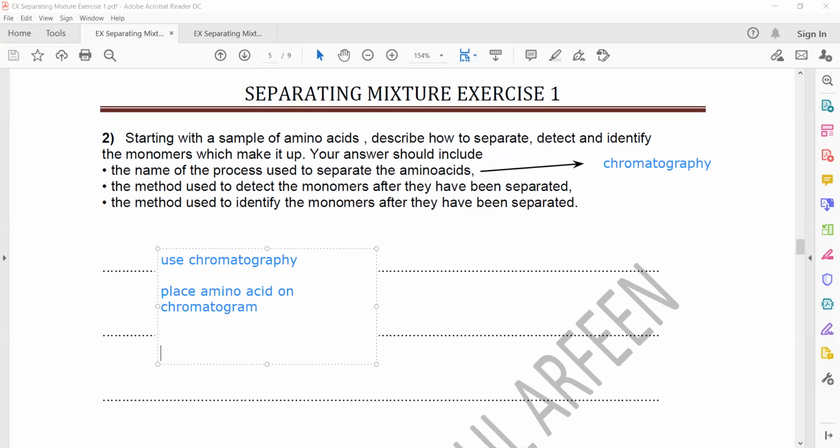Draw the origin, place the amino acids on the chromatogram, then use a suitable solvent.